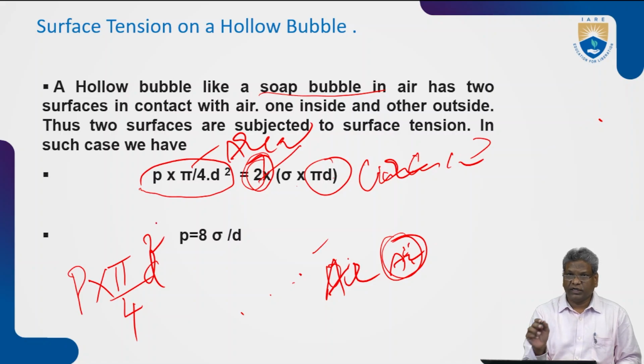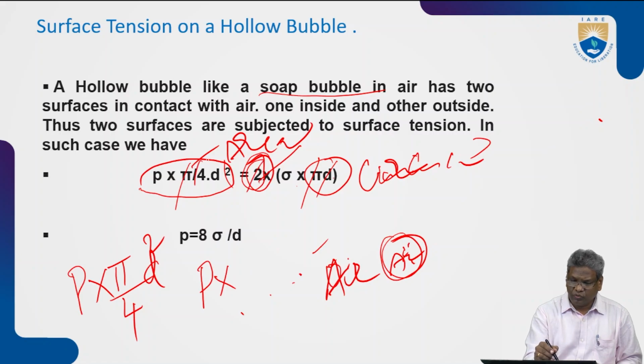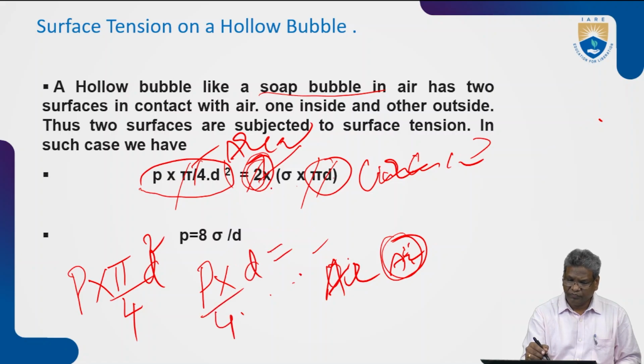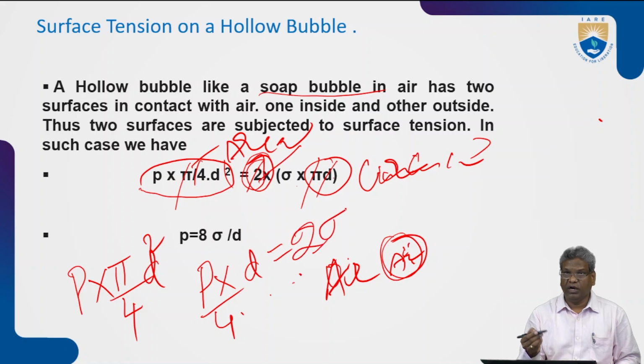If you equate under equilibrium condition, pi gets cancelled, d square and d get cancelled, right? So P into pi by 4 into d is equal to 2 into sigma. Pi gets cancelled, d also cancelled.